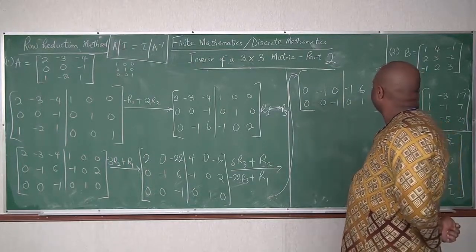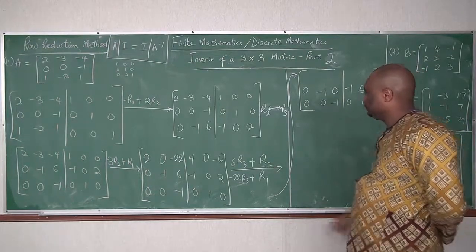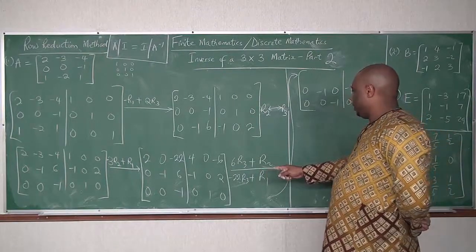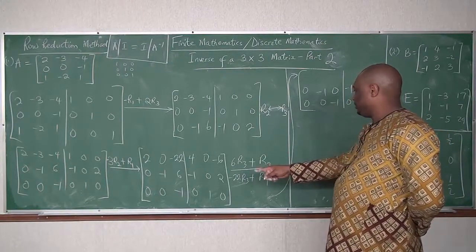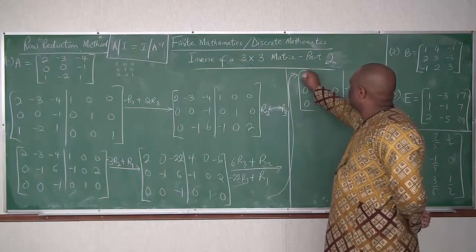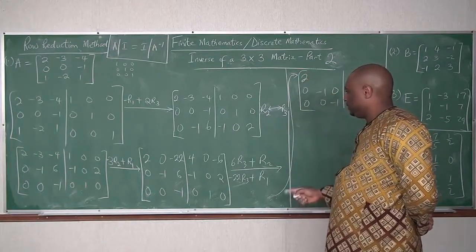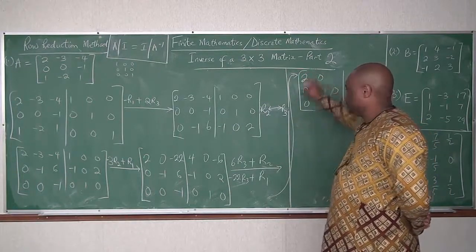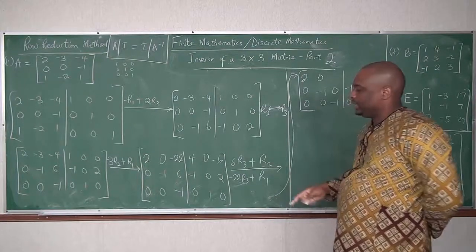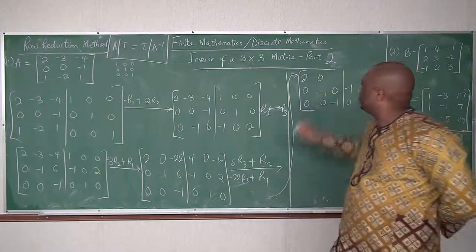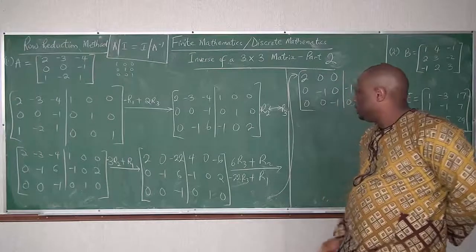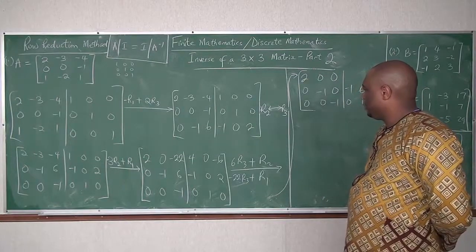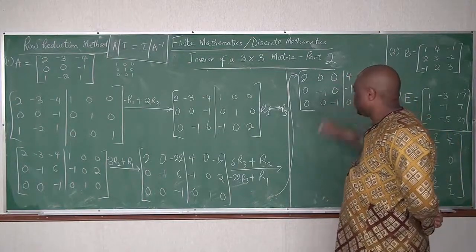Then for R1, negative 22 times 0 is 0, plus 2 is 2. Negative 22 times 0 plus 0 is 0. Negative 22 times negative 1, 22, minus 22 is 0. Negative 22 times 0 is 0, plus 4 is 4.